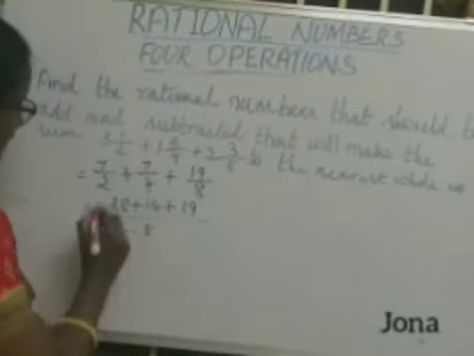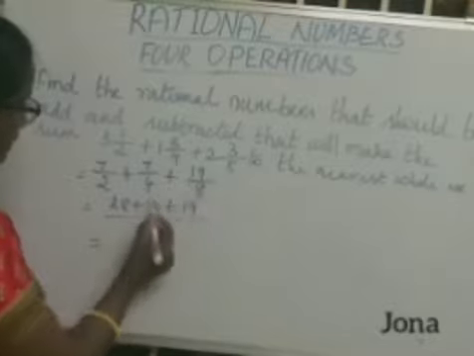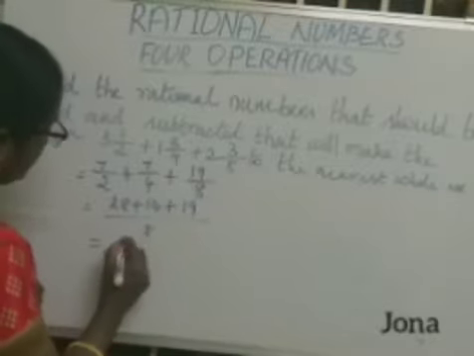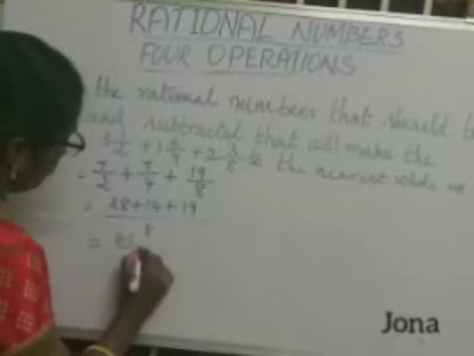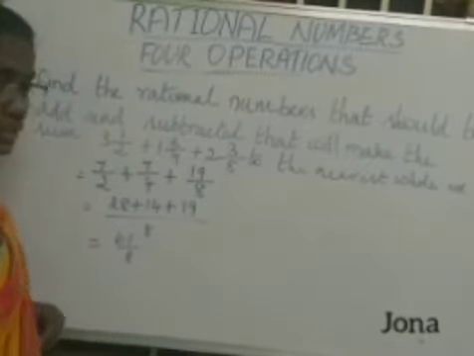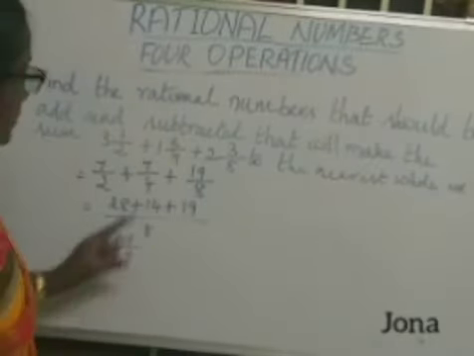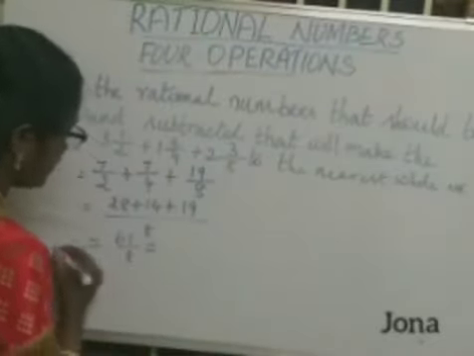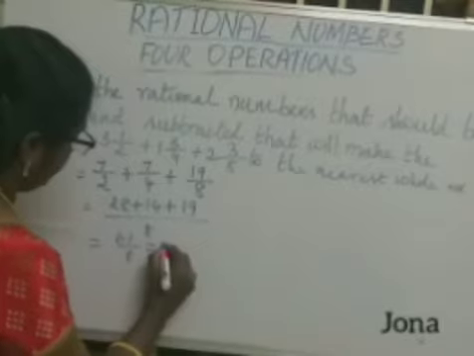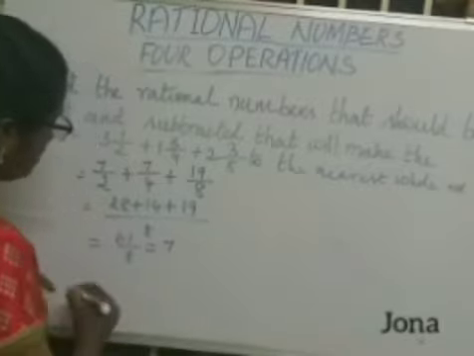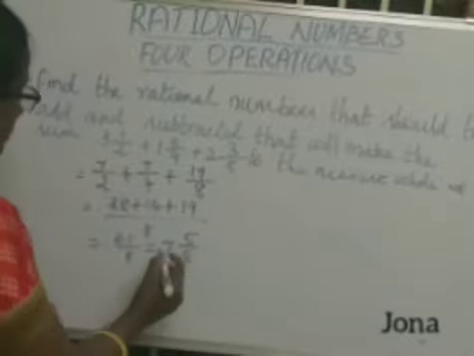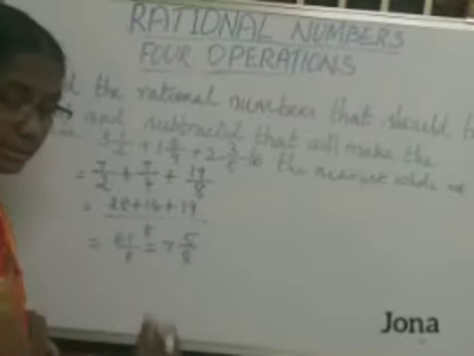So if you add the numerators, how much will you get? 61. 61 by 8. Okay, but look at the problem. That 61 by 8 is nothing but 7 times, so 7 5 by 8.